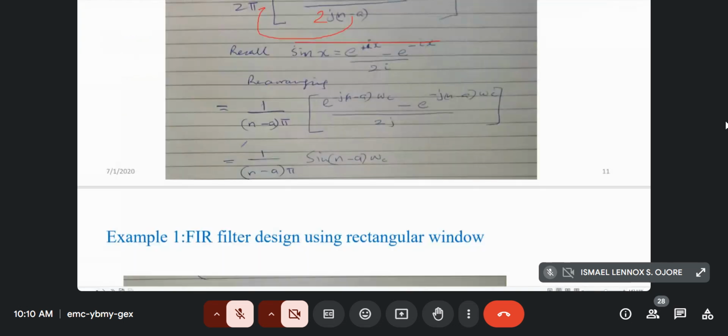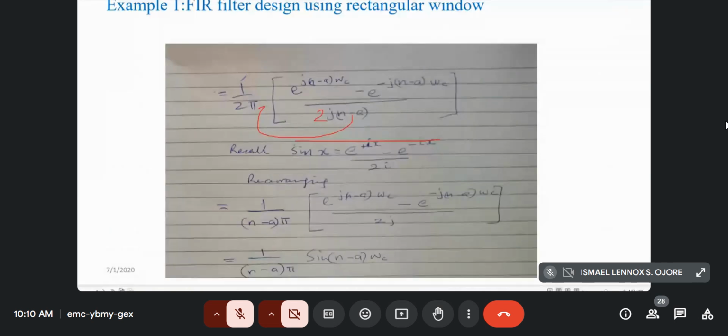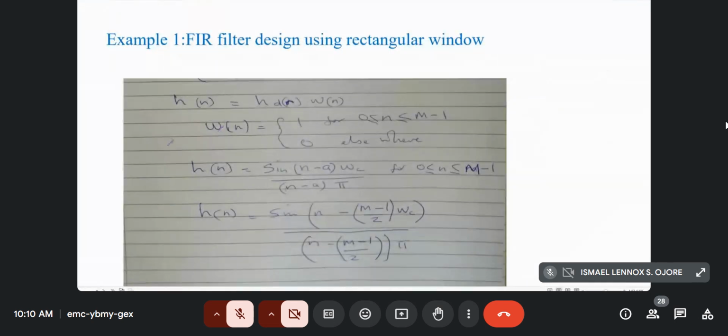And now h[n], of course, what you have gotten here is H_d(omega). But we want h_d[n], the desired impulse response. But now we have to subject that to the window. So we multiply that with the window, and our window is 1 from n equal to 0 to n minus 1, and 0 elsewhere.